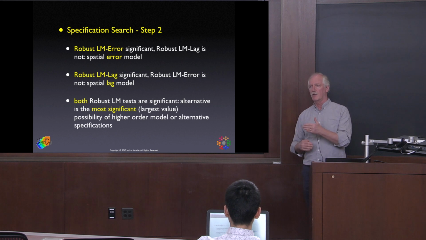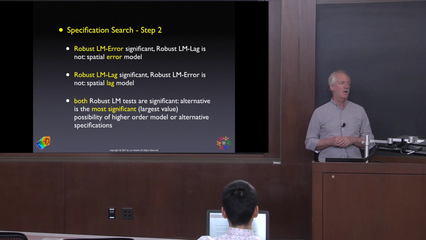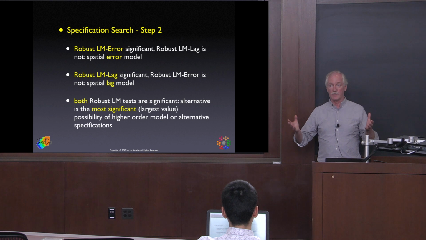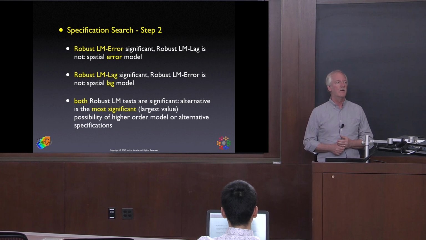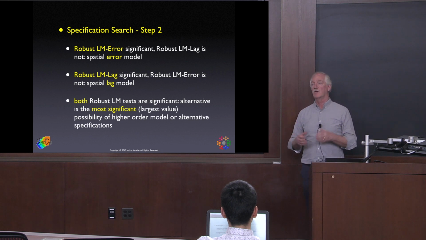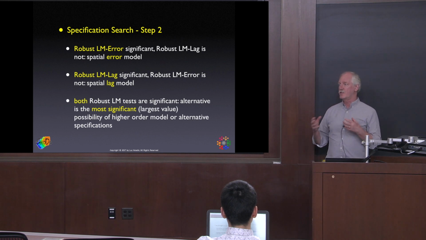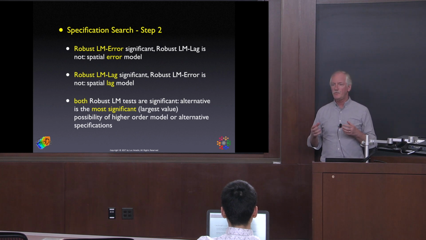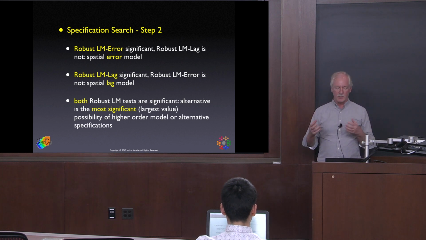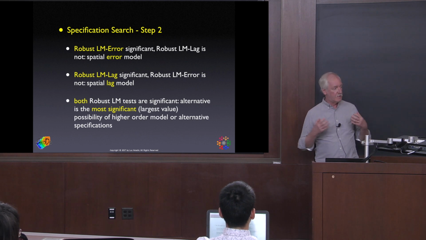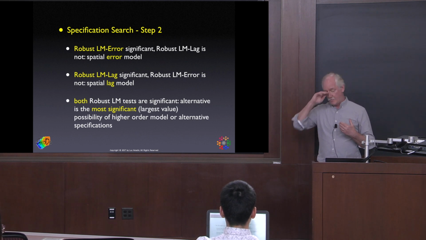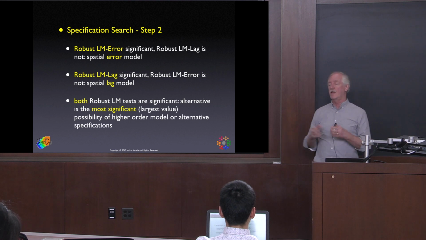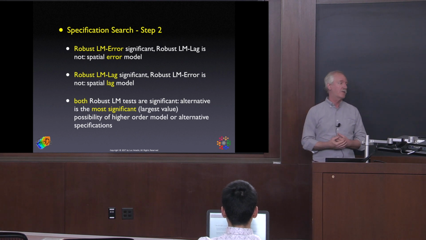But if they're both significant, especially in larger data sets, even 3,000 observations, then it's very difficult to tell the lag model from the error model. And then you may have to go back to the drawing board and rethink your model. Clearly, there is something going on, right? And at that point, as I mentioned before, the specification testing strategy ceases to be that useful, and then you have to go to a model comparison strategy.